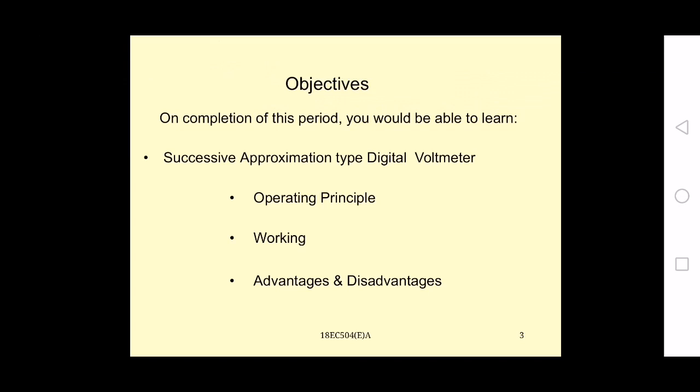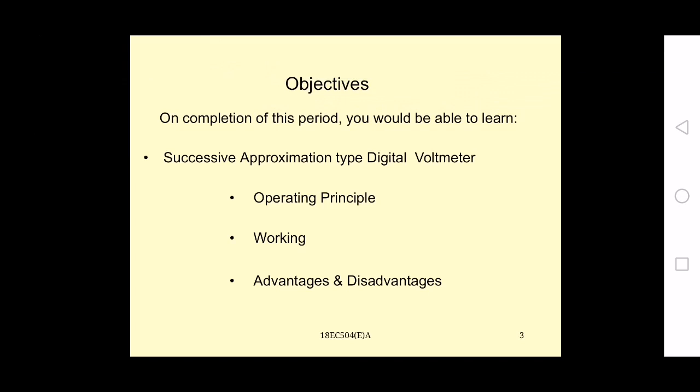Before going to the block diagram and explanation, for the basic principle of the successive approximation type, we will take one example, and by using that example we will see how it works.